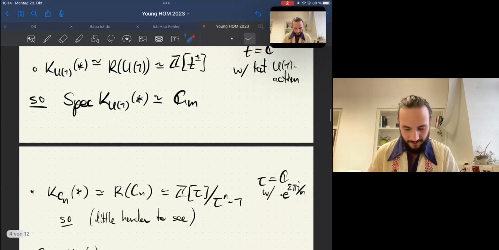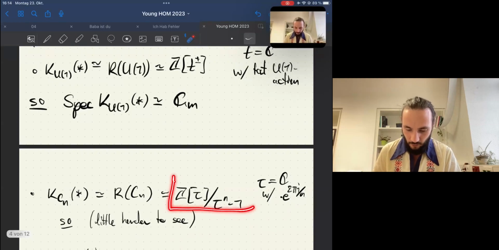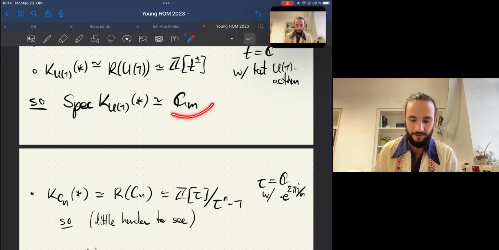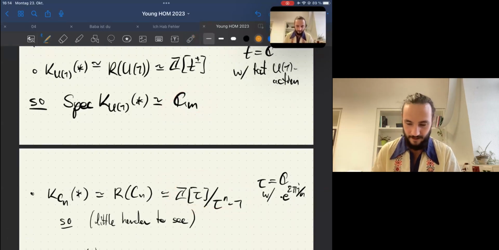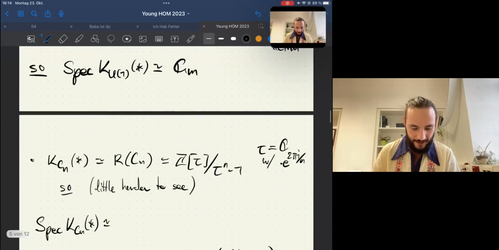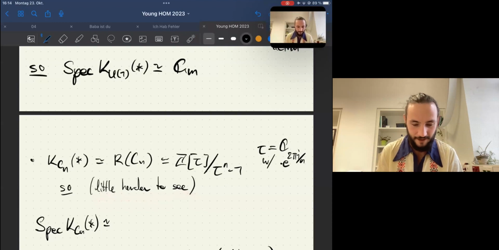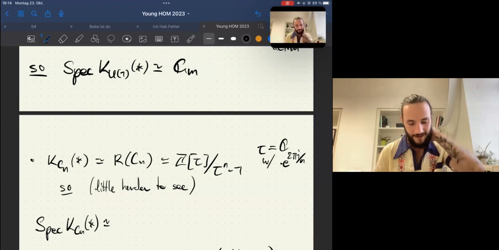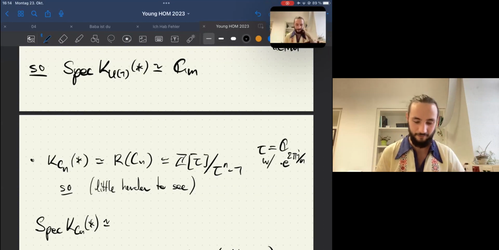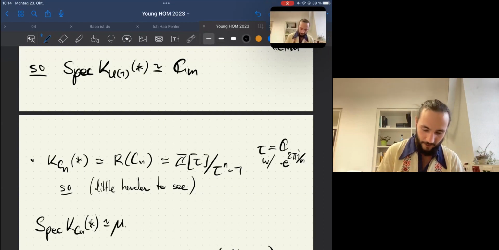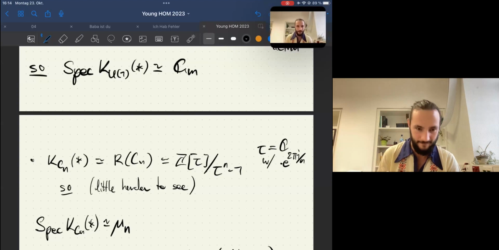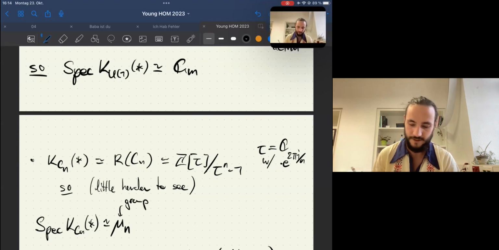Okay, so this ring here also has something to do with this multiplicative group scheme. It's a little harder to see, but not much harder, that the spectrum of the Cn equivariant K-theory of a point is actually what algebraic geometers call mu n, the group scheme of nth roots of unity.